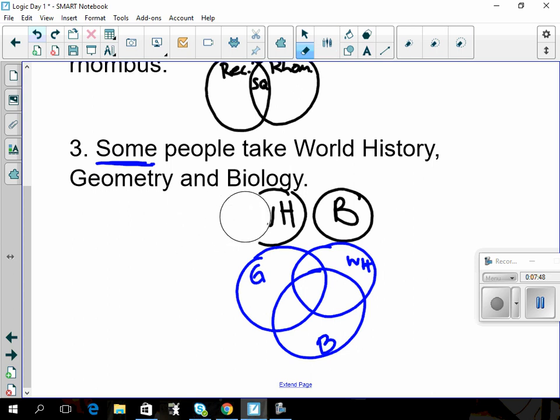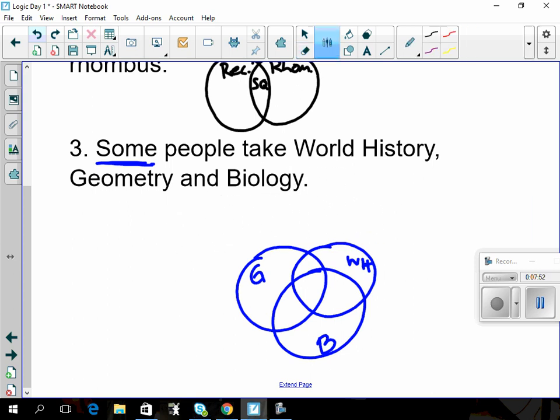Now, which section of the Venn diagram represents the people that we're talking about in this scenario? The very, very middle. So when I say some people take all three, are we talking about that section of the Venn diagram? Yes. Okay.